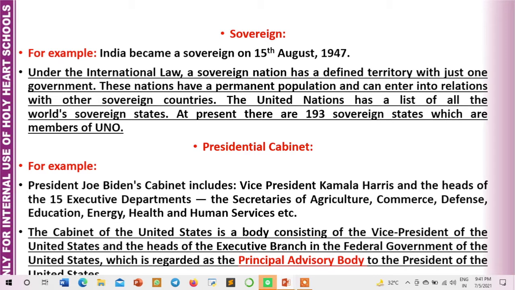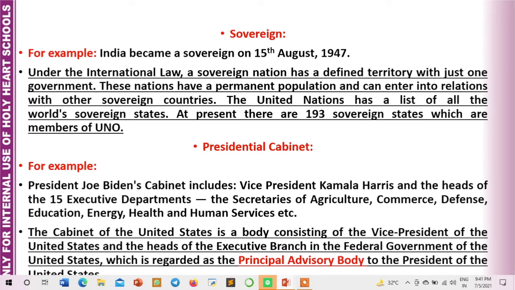It means under the international law, a sovereign nation has a defined territory with just one government. These nations have a permanent population and can enter into relations with other sovereign countries. The United Nations has a list of all the world's sovereign states. At present, there are 193 sovereign states which are members of UNO.